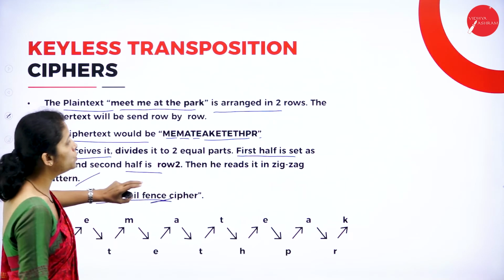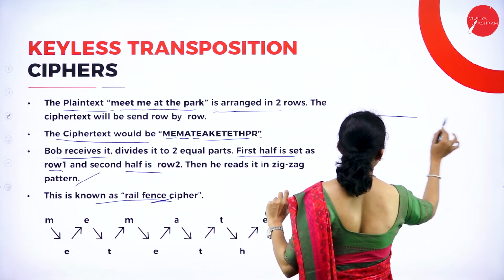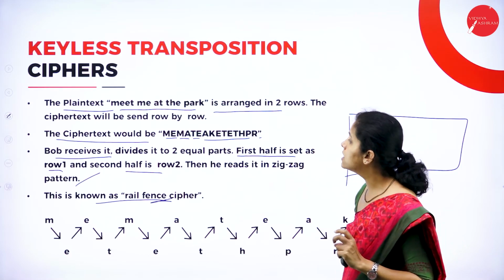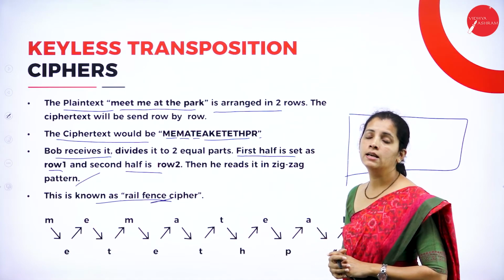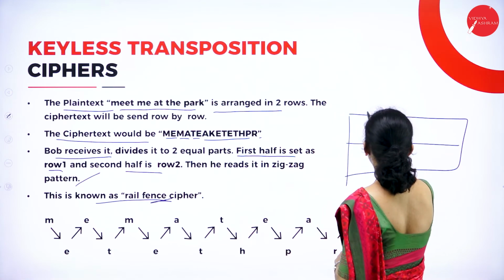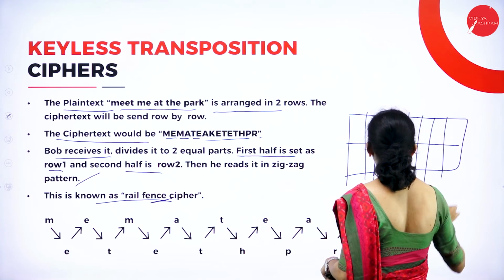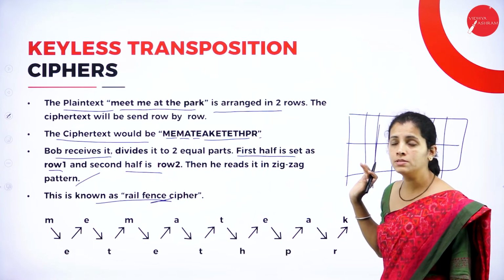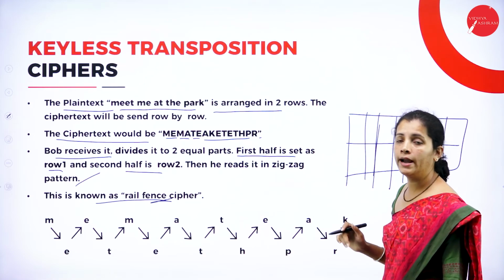And how I'm going to represent the plain text, that is row wise. So I want to represent the letters row wise, and while reading, I'm going to read zigzag. So first I'll create a table which includes 2 rows and 15 columns, and I'm going to write the letters one after another.